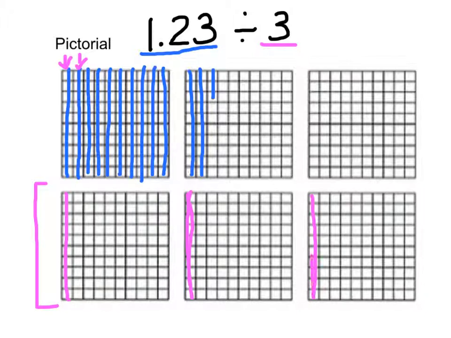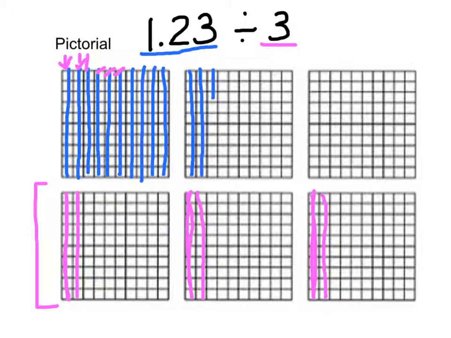So that'd be 3. And then you're just going to keep on going, dividing out evenly into each group. The second tenths here would be that one. The second tenths in the second group, that would be that row. The second tenths into the third group.